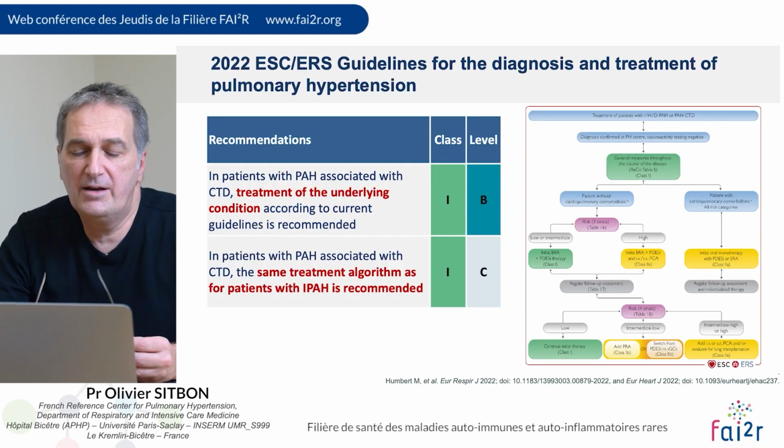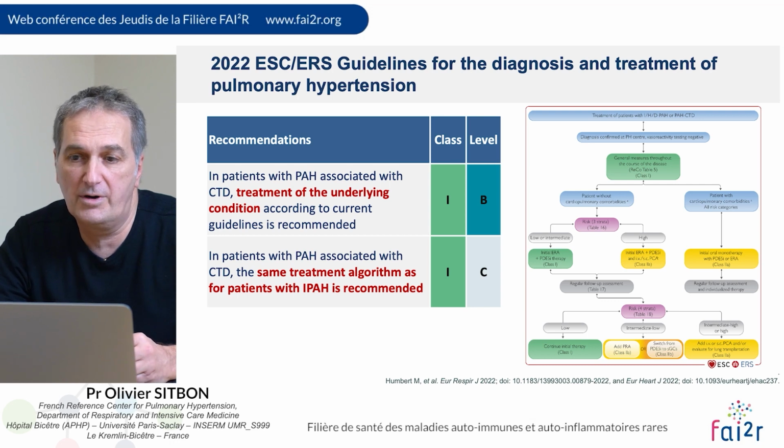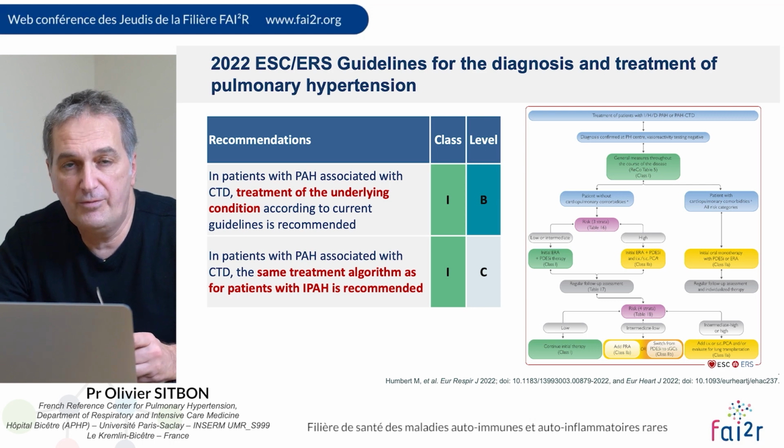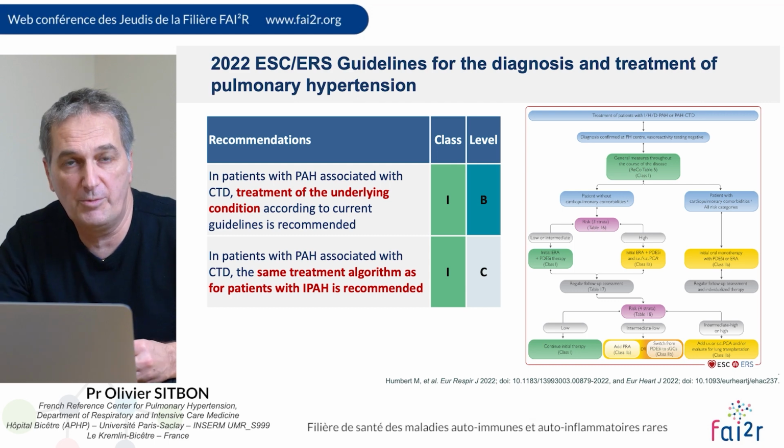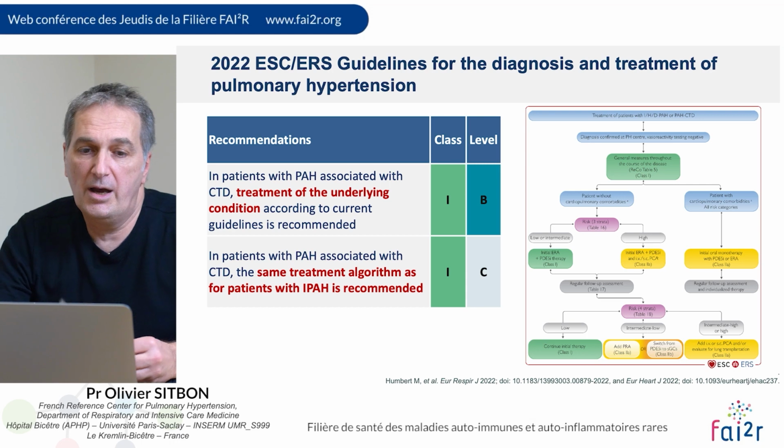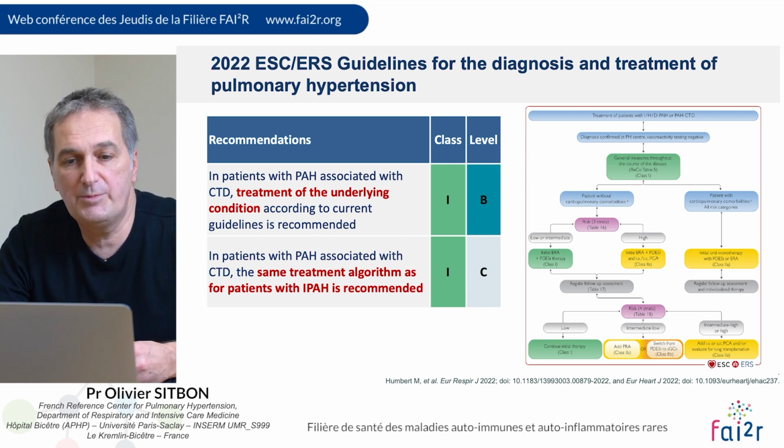Here is the treatment algorithm we use for the management of patients with pulmonary arterial hypertension. And if we want to focus on patients with systemic sclerosis, the first recommendation is to consider the treatment of the underlying conditions according to the guidelines, and this is the first recommendation.